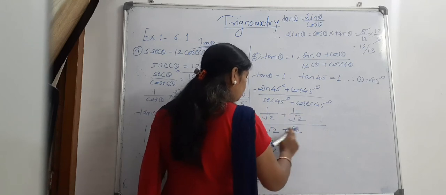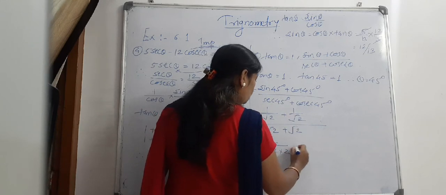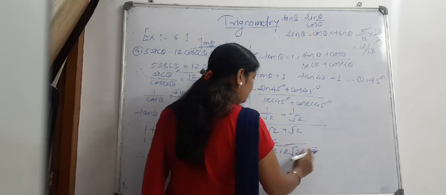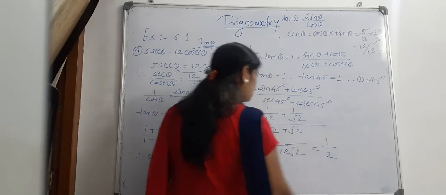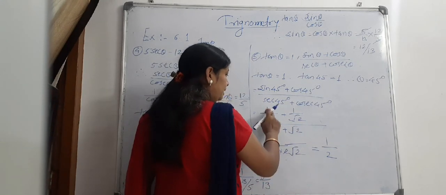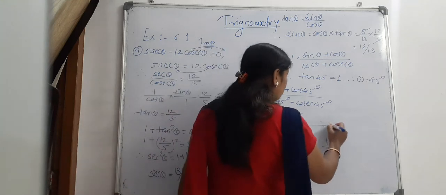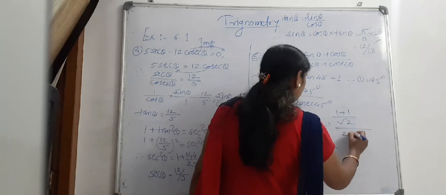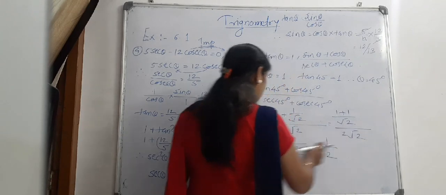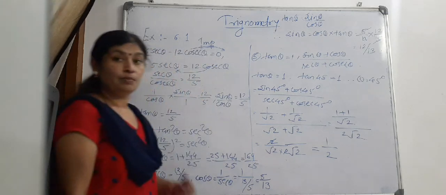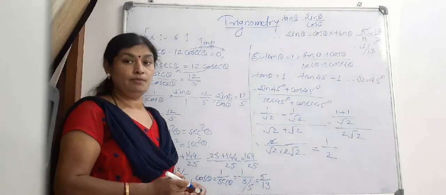Here 2 upon root 2 is root 2. Now take this root 2 to the denominator, 2 will be cut, and what is your answer? 1 upon 2. It is also a most important problem.